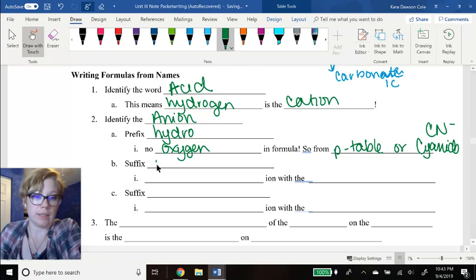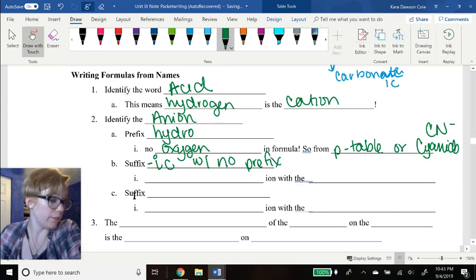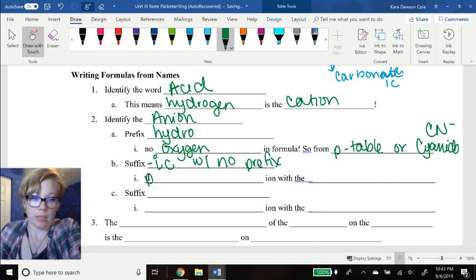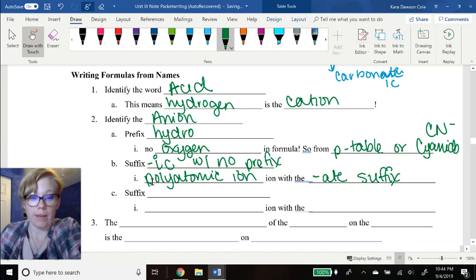If I have the suffix ic with no prefix, that means that I've got a polyatomic ion with the ate suffix. If my suffix is ous, again with no prefix, it's a polyatomic ion with the ite suffix.